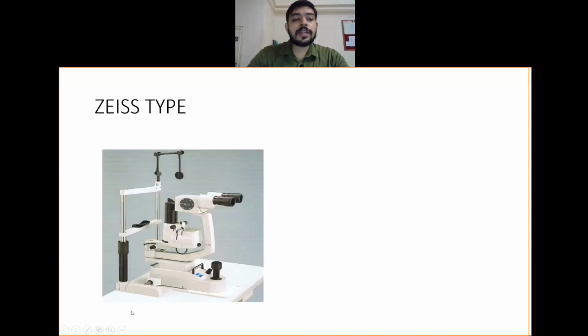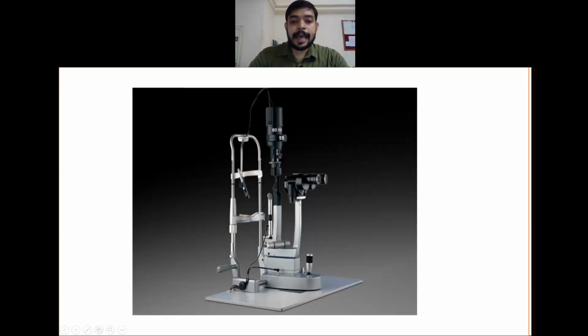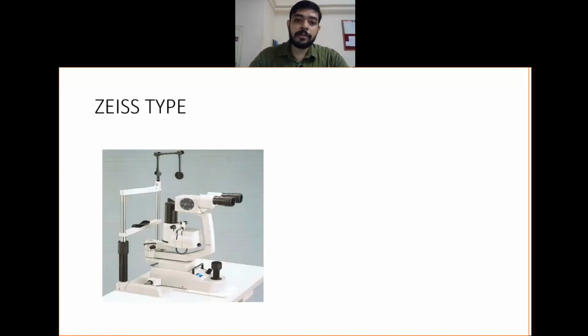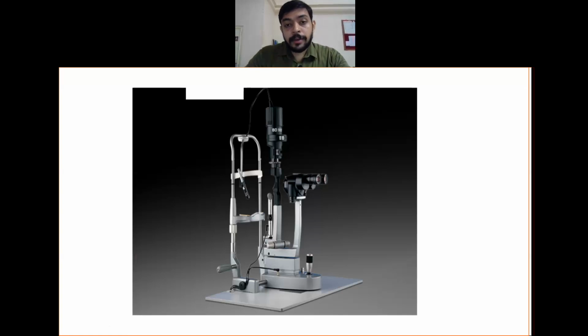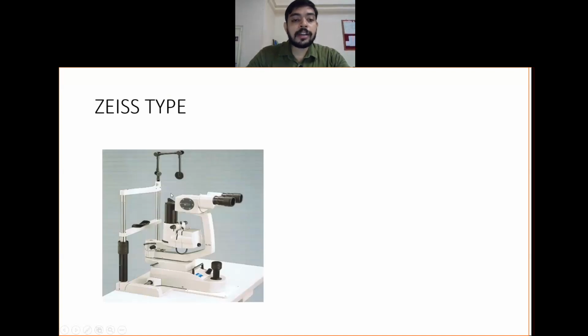And this model is known as a Zeiss model. The basic difference between a Haag-Streit and a Zeiss model is that the Haag-Streit model uses a projecting mirror, and the Zeiss model uses a reflecting prism to project the light into the patient's eye.